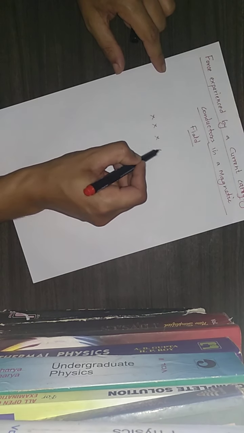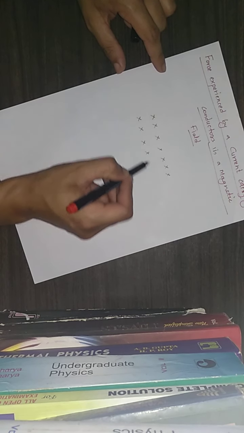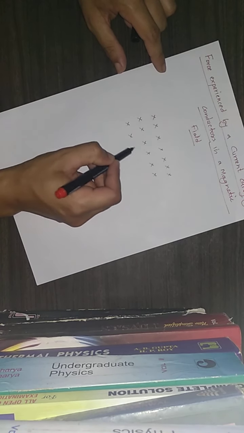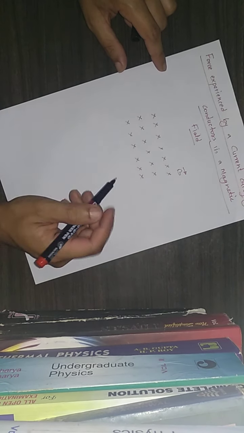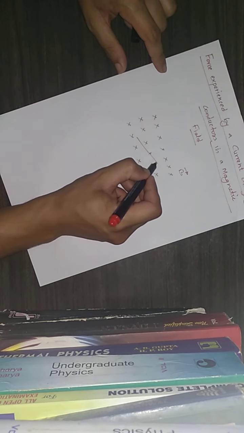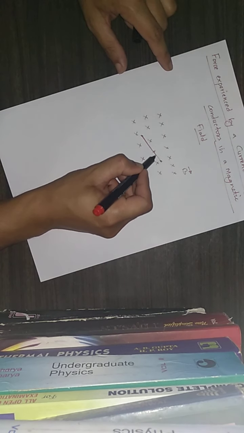So let us consider a magnetic field which is going inside the plane of the paper, and let us consider a current element or a current carrying conductor.